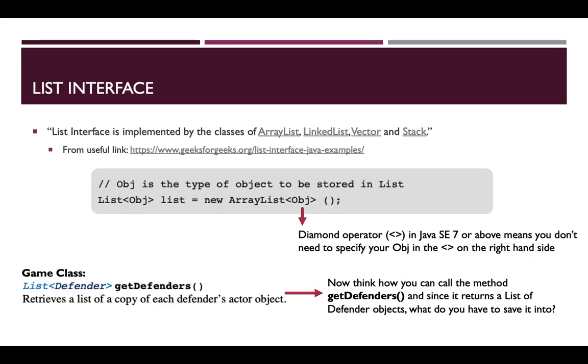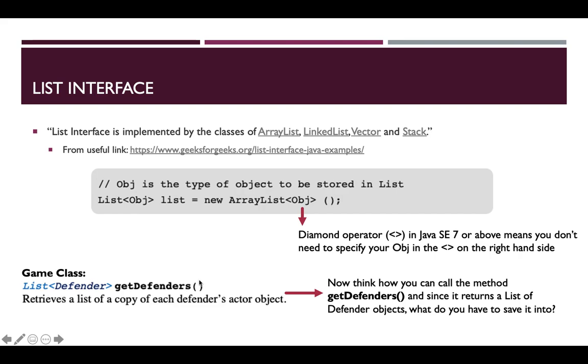Okay, I want to briefly touch on the list interface just in case you haven't seen this notation. In a lot of the different interfaces and class implementations, you're going to see a return type like List<Defender>, or List<Attacker>, etc. What this means is that getDefenders returns a list of defenders.